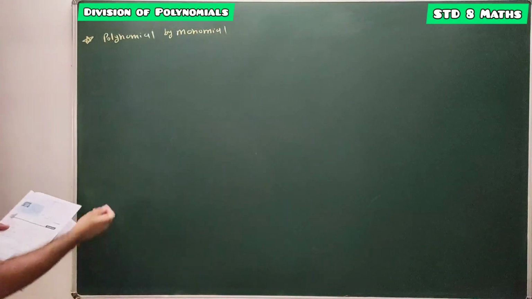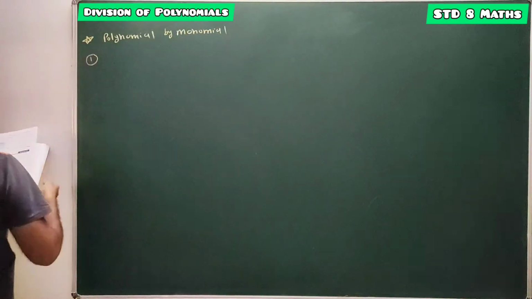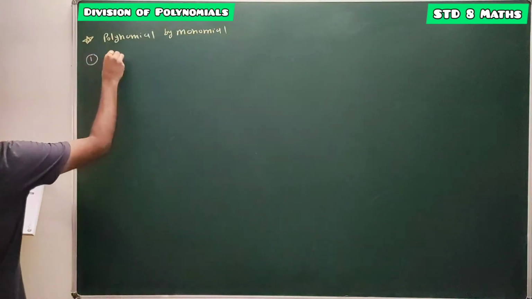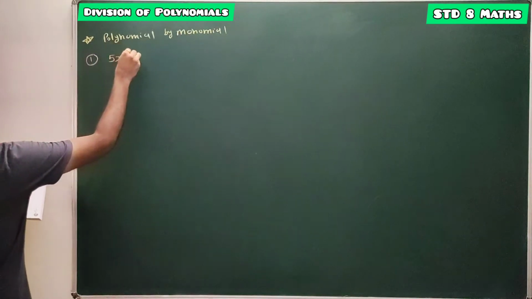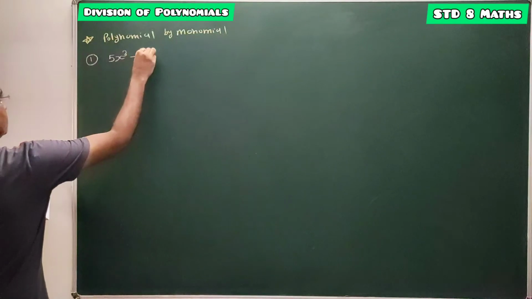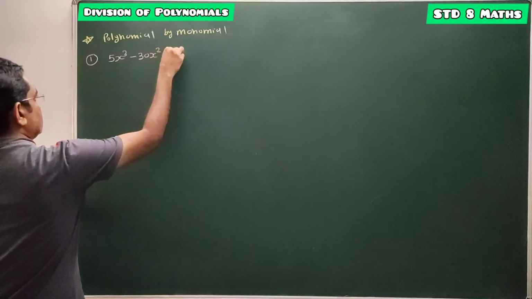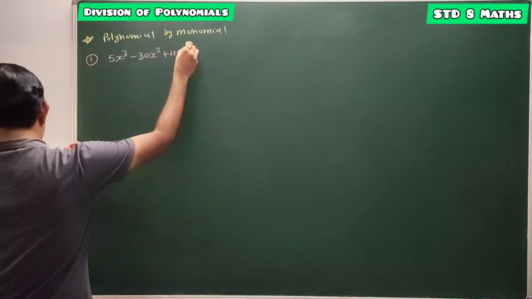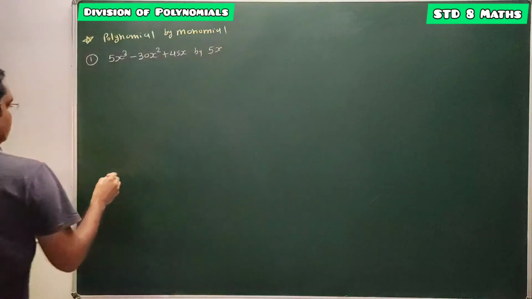So again, question number 1. Here we have to divide 5x cube minus 30x square plus 45x by 5x.